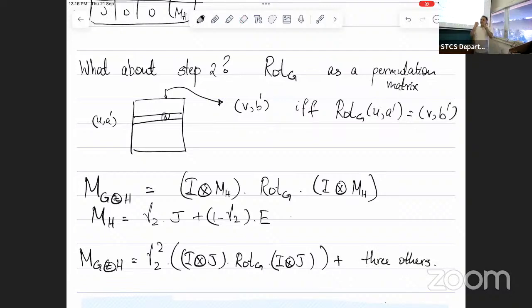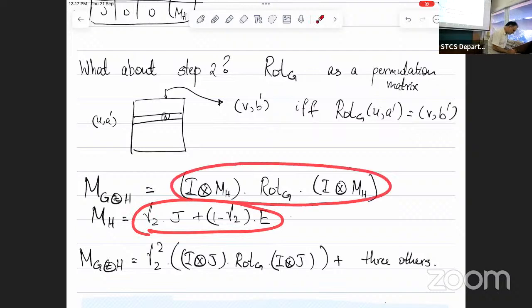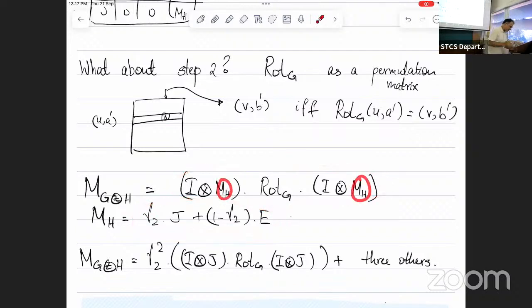All of these other terms will involve at least one copy of E. So it will either be of the form I tensor E times rotation of G times I tensor J, or the other way around. You just expand it. I'm just basically plugging this equation into this, replacing MH with that. And there is a part that was a J only term, that is gamma 2 squared times I tensor J rotation map I tensor J. And then there are 3 other things which all involve some E.